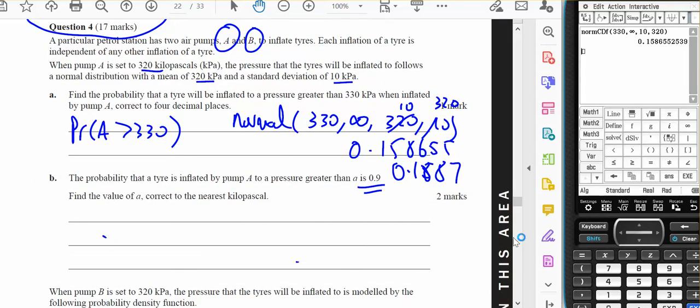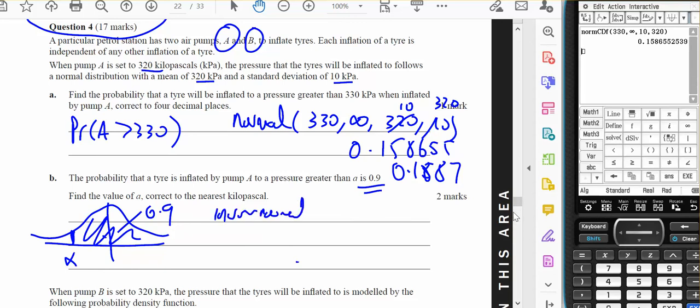Okay, the question is the probability that a tyre is inflated to a pressure greater than alpha is 90%. So I've got my normal, and that must be alpha here. That probability is 0.9. So I'm going to do the inverse normal with a right of 0.9 and 10 and 320.